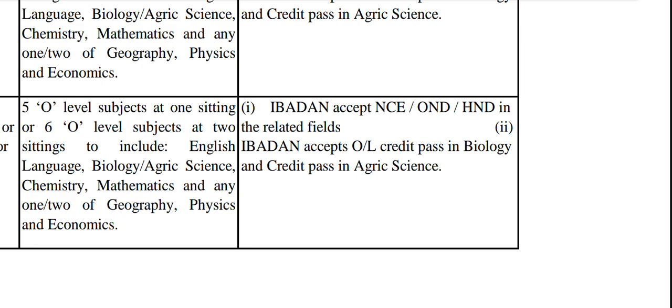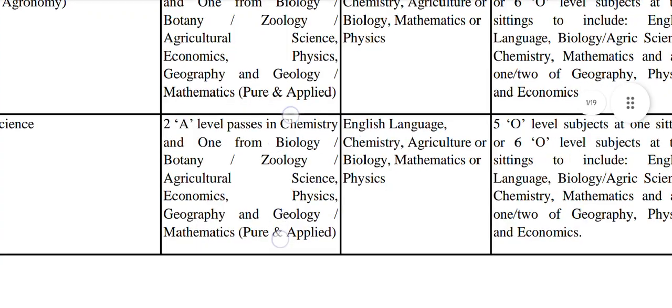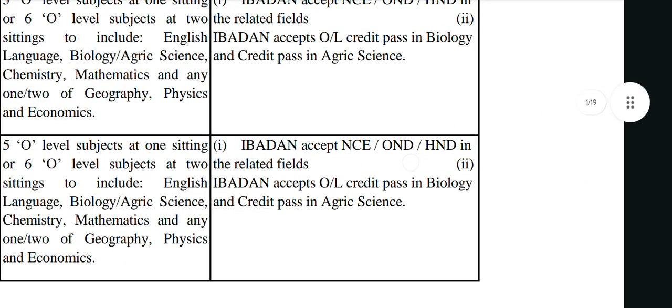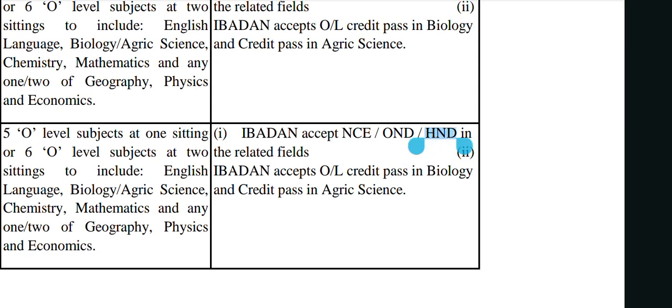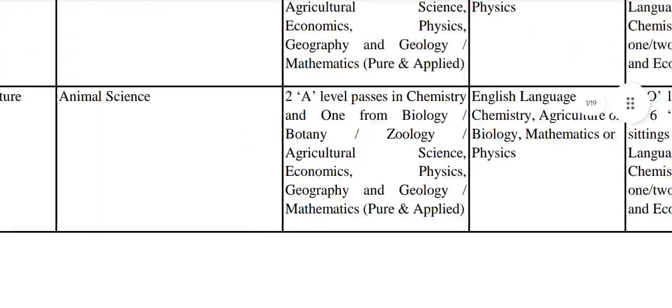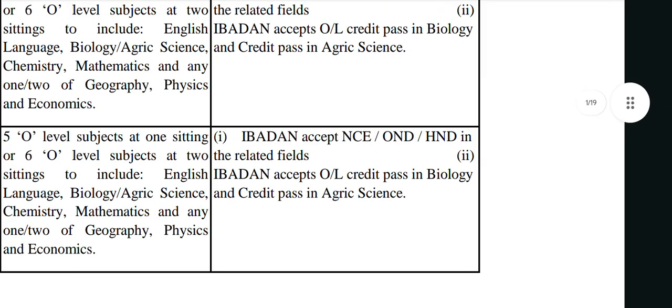That means if you are applying for animal science, if you are not applying with Cambridge A level, then you are applying with NCE, OND, that's ND, or HND in related fields. Related fields, you know that you should be having like ND in animal science from the polytechnic, or HND in animal science from polytechnic, or NCE in animal science from a college of education and all that.